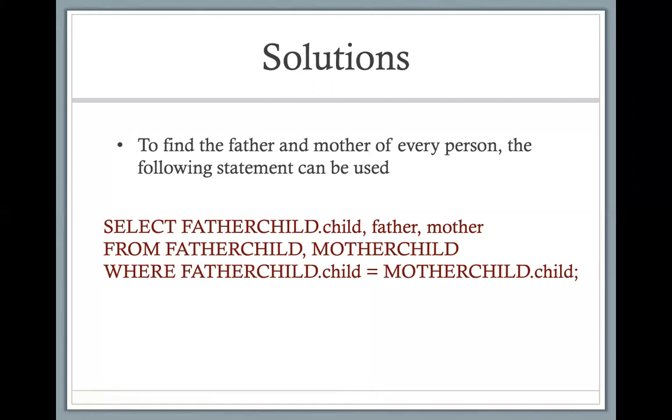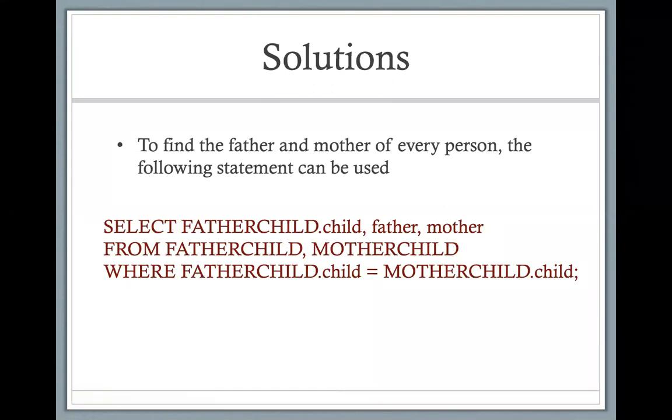Why do I have to use father child dot child and mother child dot child? Because the name child is the same. So I have to give the SQL query engine a way of distinguishing which child you mean. So I use the name of the table dot the name of the attribute. And I can select, of course, mother child dot child here instead of father child dot child.